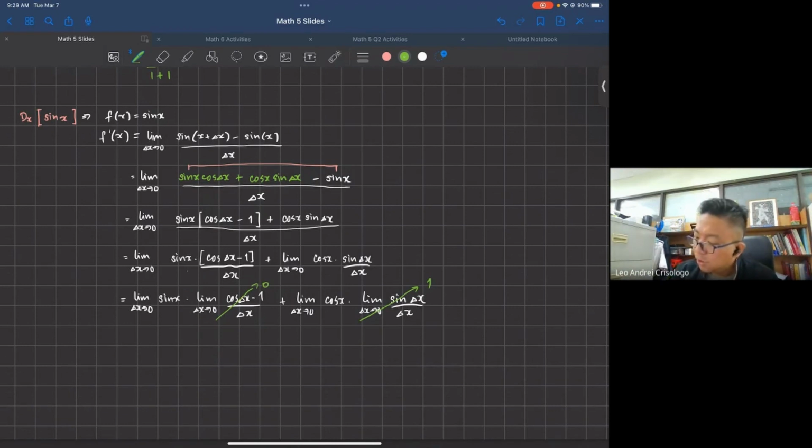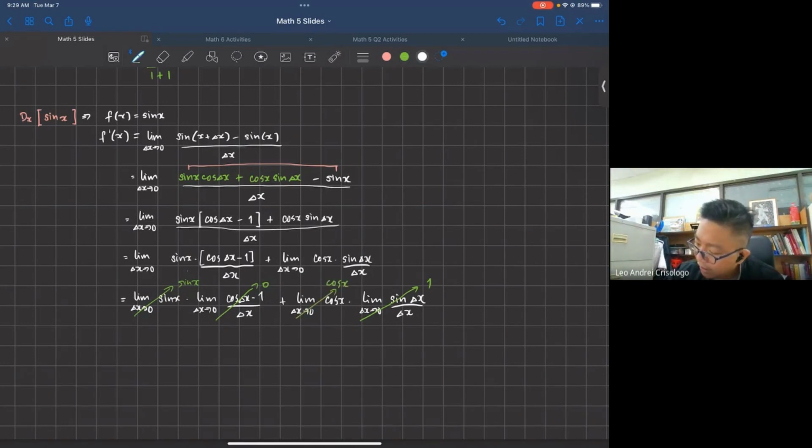Now, yung sine x dito, wala naman siyang delta x. So, ang limit as delta x approaches whatever na wala naman delta x should be itself. So, this goes to sine x. Same argument dito, wala namang delta x yung cosine x, so walang effect yung limit. This is just equal to cosine x.